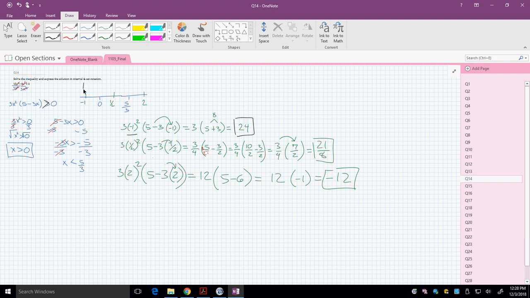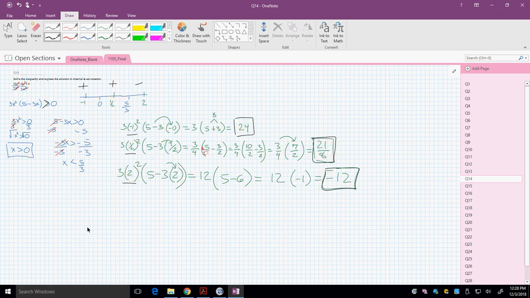So this gives me a positive number. That's what we're looking for, greater than 0. Then we substitute by half, and we got a positive number, 21/8. So that says positive, which is good. That's what we're looking for. And when we replace the x's by 2, we got a -12. We are not looking for that. That's negative. So the 2 didn't work.